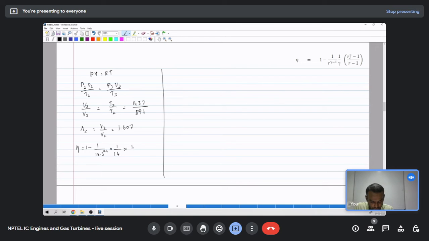So that is 1.607 power gamma, which is 1.4, minus 1, divided by 1.607 minus 1. This is 62.7%.